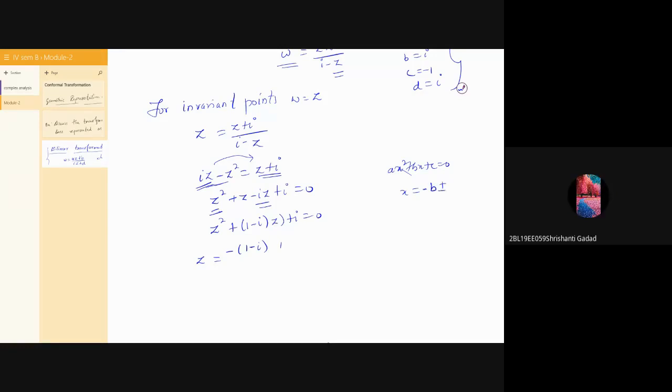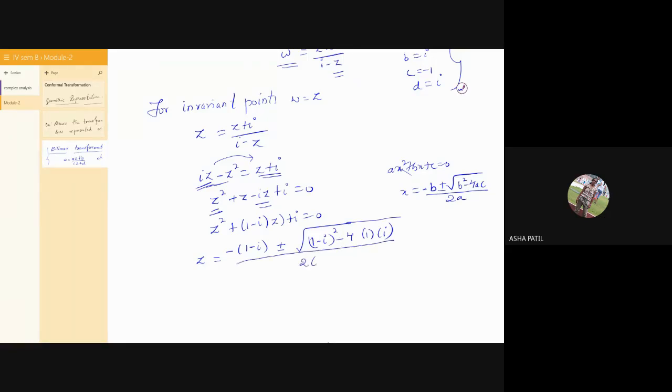Yes, minus b plus or minus square root of b square minus 4ac, divided by 2a. This is your formula. A is 1 here, b is 1 minus i, c is i.